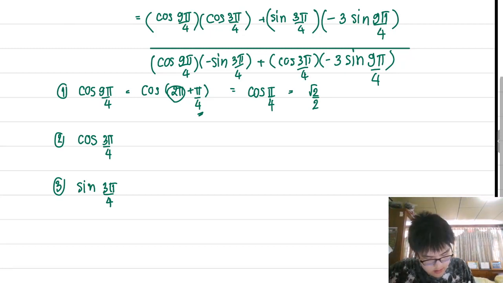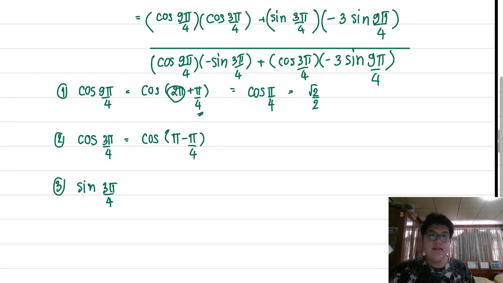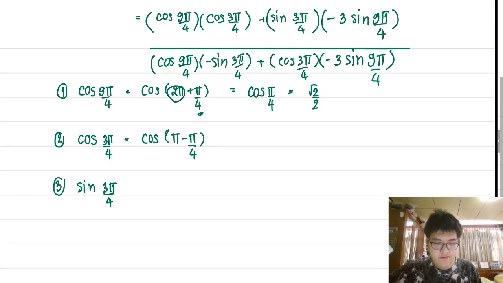Then this one is cosine 3 pi over 4, which is pi minus pi over 4. In this case, you cannot do it like cosine 9 pi over 4, because it is not 2 pi but a pi.